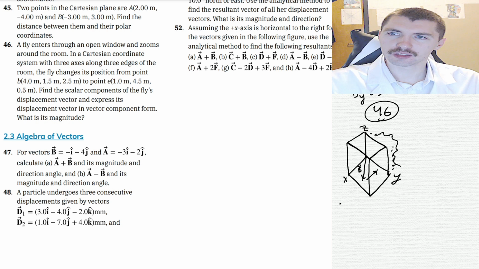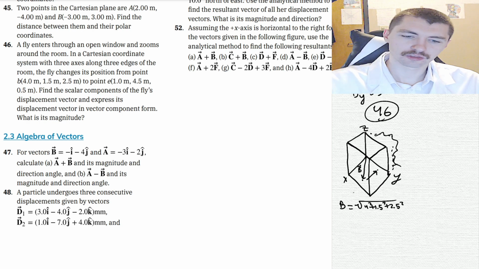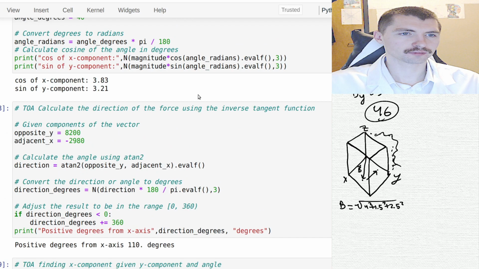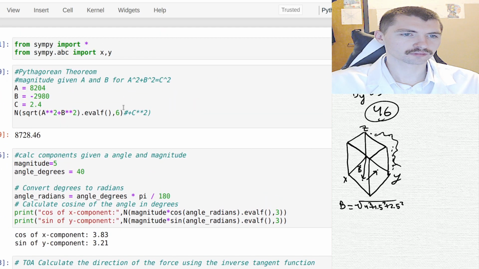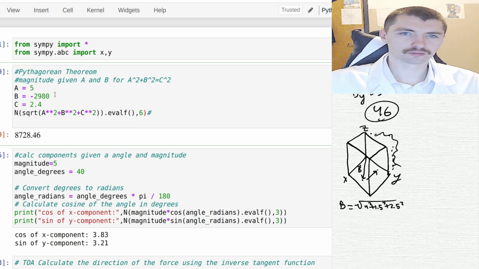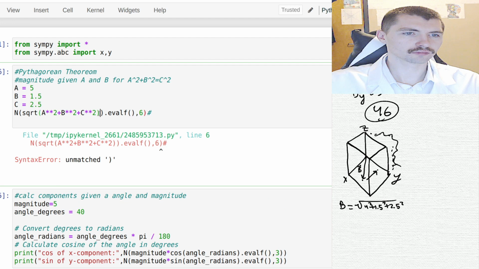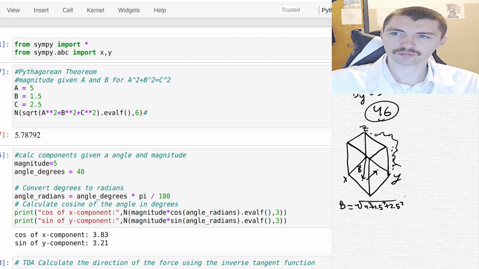Let's say this is B. The magnitude of B is the square root of 4 plus 1.5, 5.8.